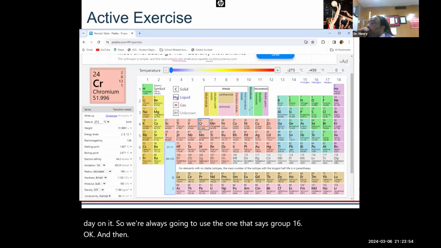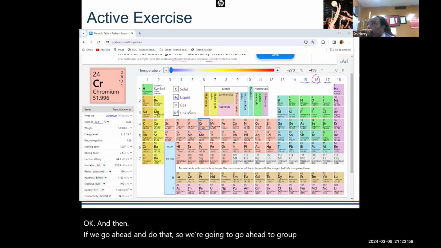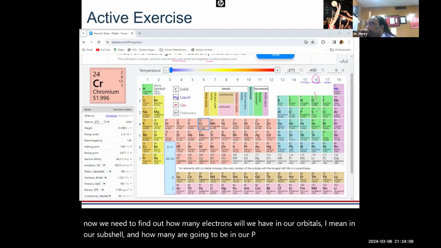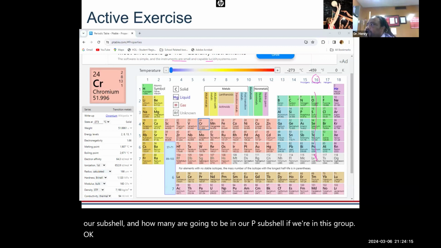So we're going to go to group 16, and now we need to find out how many electrons we will have in our s subshell and how many in our p subshell. How many electrons will we have in our s if we're going over to oxygen?